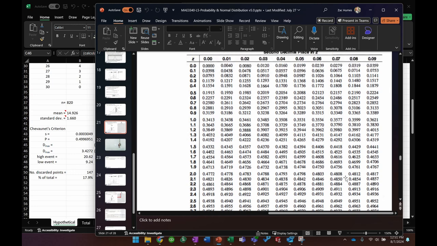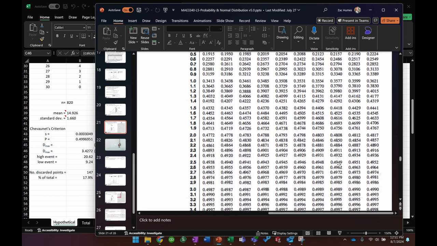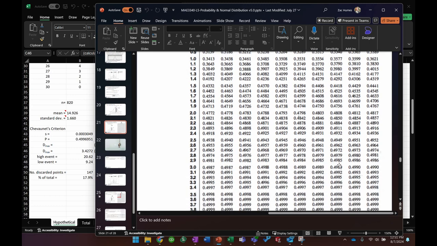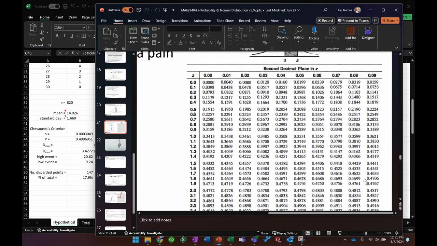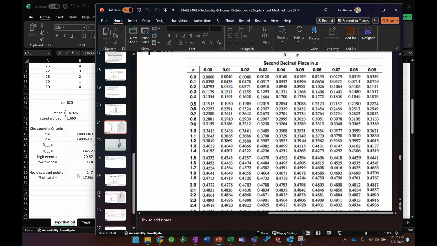So then how do we get a little bit closer? How do we get 3.3 something? So we've got 0.4996, 9. So the next data point is so close to 0.4997 that you could probably argue that it's right out here. So 3.38 or 3.39.